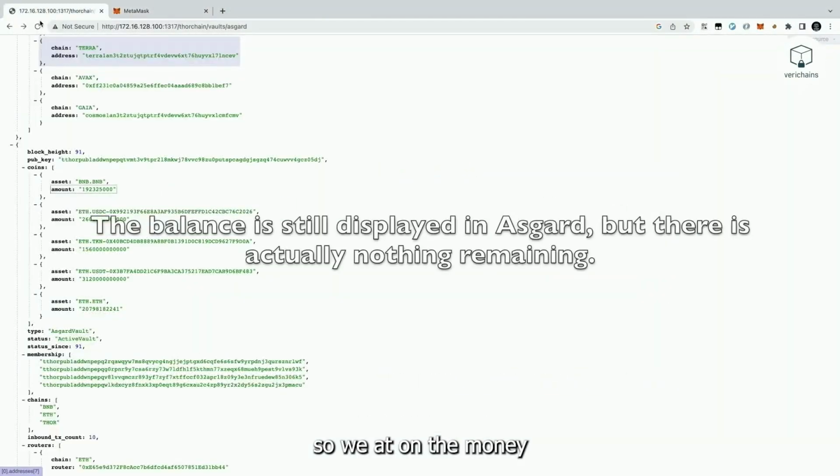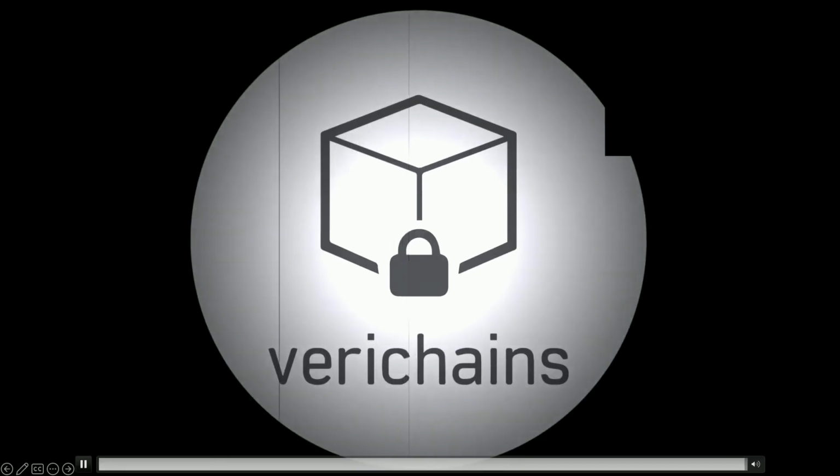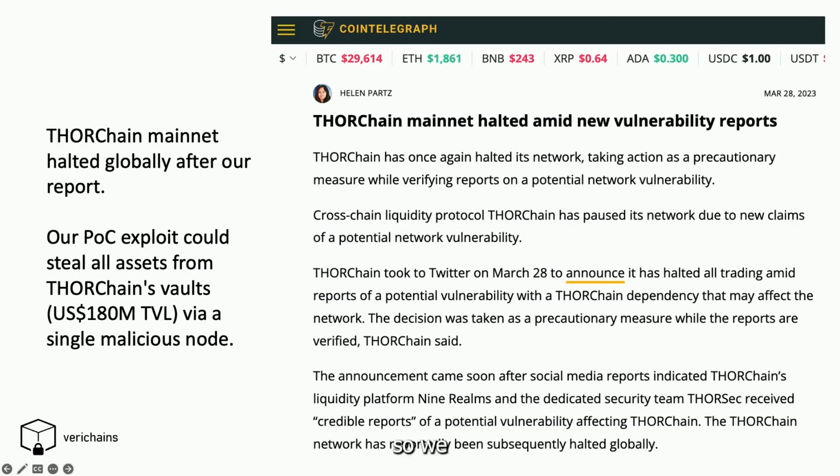So we have earned the money. We don't keep the money, but we send the POC to Thorchain, so they immediately shut down the whole network until they finish fixing it.